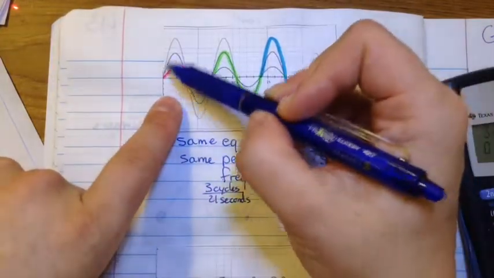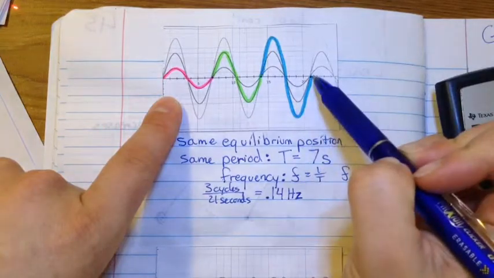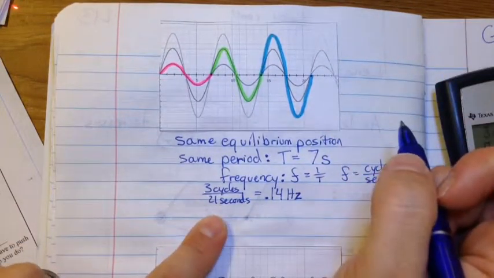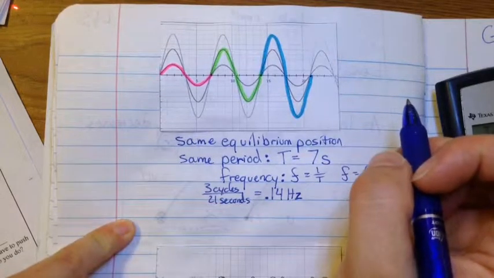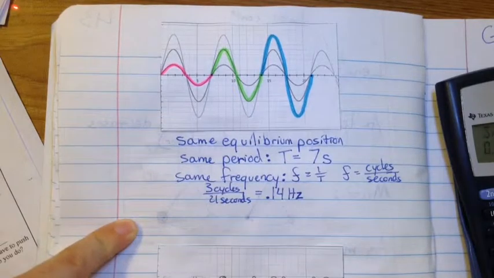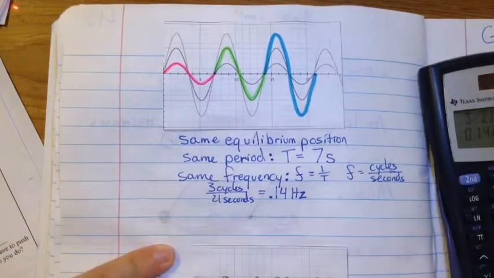The blue graph, 1 cycle, 2 cycles, 3 cycles in 21 seconds. Hence, what do we know about the frequency of the 3 graphs? They're the same. Does not change. Same frequency.